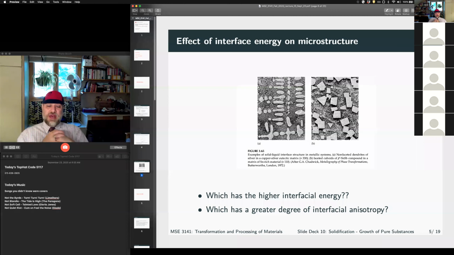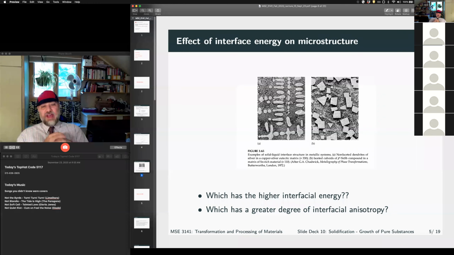So you would expect the minimum interfacial energy to be the one that minimizes the surface to volume ratio, and that's what you would expect, except we have to remember that these are crystals and we have an anisotropy, right?